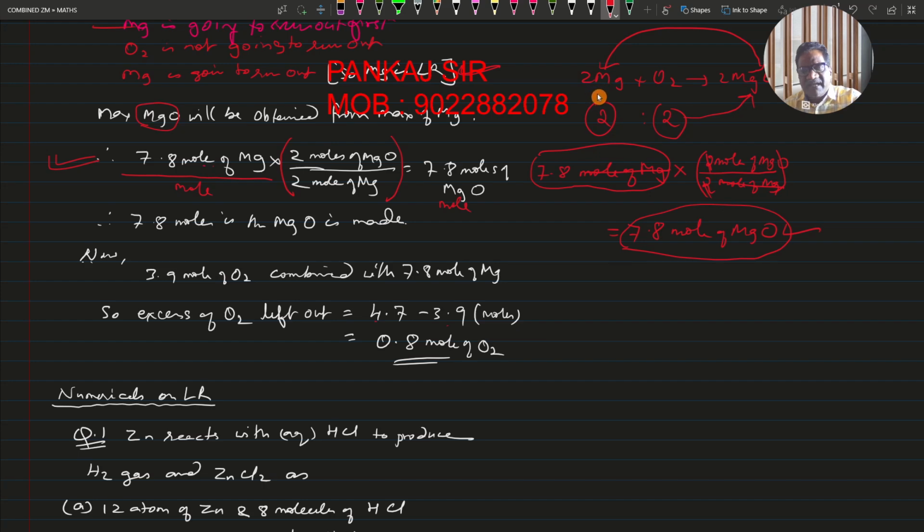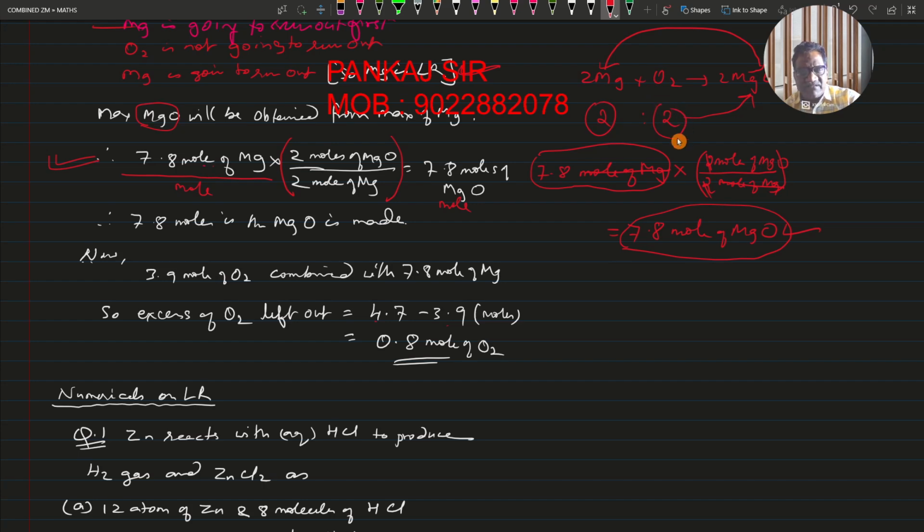And magnesium being a limiting reactant, it will get used up. By the time reaction is over, the magnesium is going to be used up. So the magnesium left out at the end of the reaction will be 0 because it is getting used up. But what about oxygen? Oxygen is something which will be left out because it is the excess reactant.